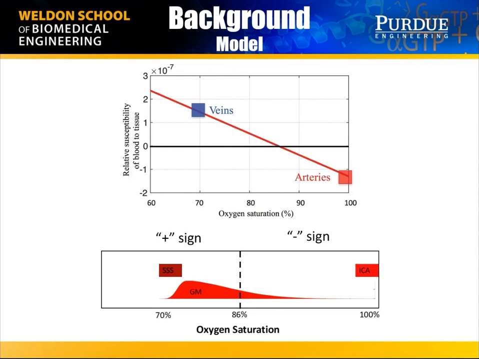Based on a very simple model, on the top left we can calculate a threshold, which is about 86% oxygen saturation. If the blood vessel you get your blood signal from is lower than 86%, like the superior sagittal sinus, you stay on one side of the curve, which means your signal is positive. And if in the blood vessel you have higher oxygenation, beyond 86%, like the internal carotid artery, you become negative, right?